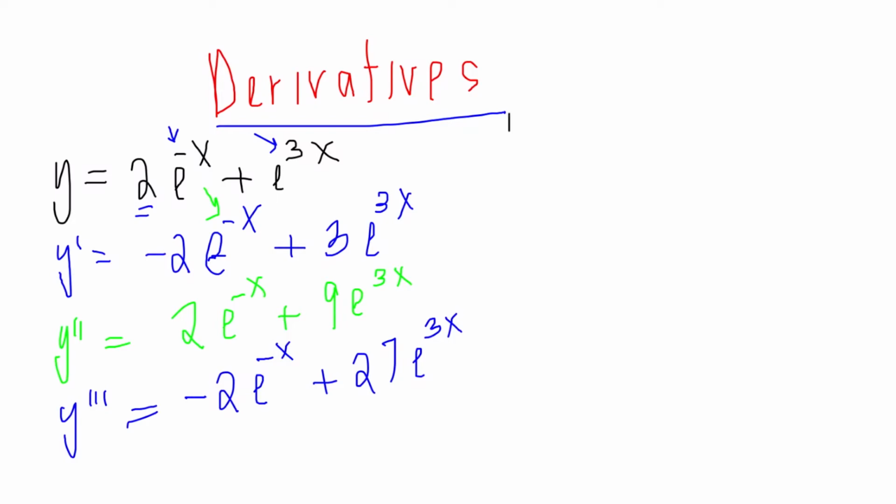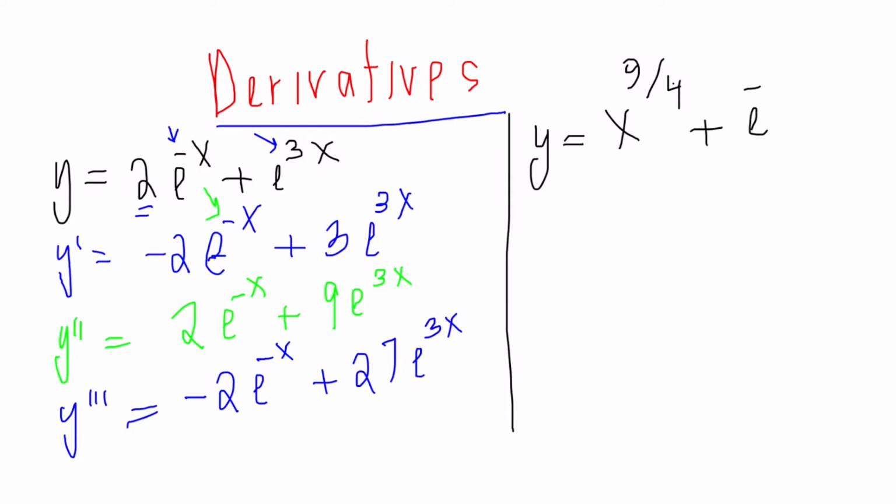Okay, let's take another example. Let's say we have another function which is now a little bit more involved than that one, so let's say y is equals to x power 9 over 4 plus e power negative 2x.